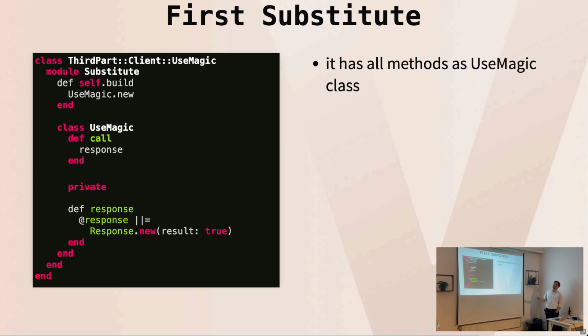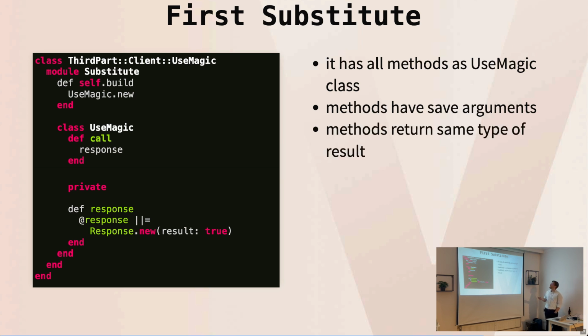So there was only call, nothing else. It should have the same arguments. Call doesn't have arguments, so again, good. It should return the same result, and we have response, which has some result also.